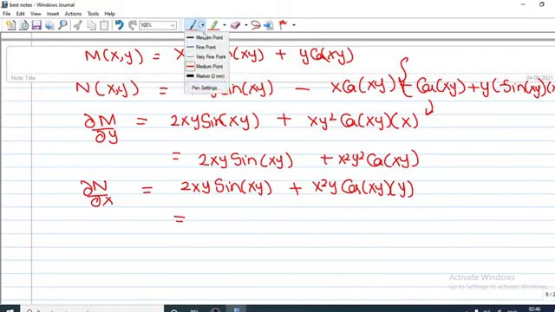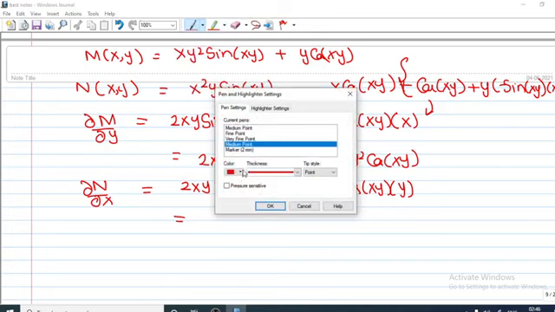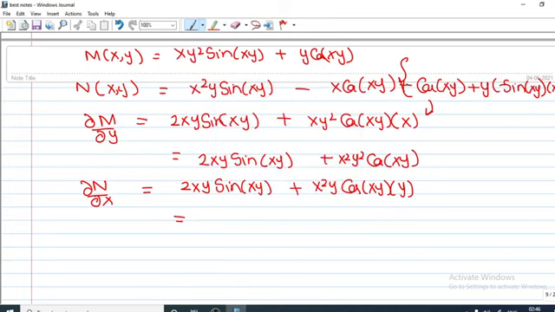So here this cos xy will be as it is, and this minus xy sin xy will cancel out this once, and we will be left with xy sin xy plus xy square y square cos xy, and lastly we will have plus cos xy.